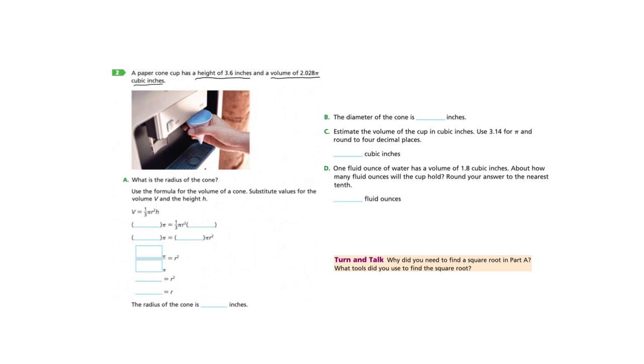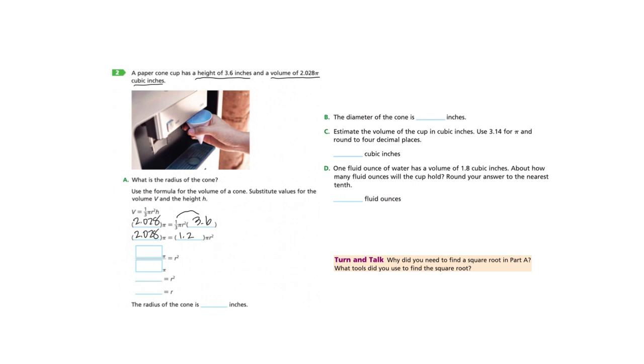And so we're looking for r. So the volume is 2.028 pi, and the height is 3.6. So then we have 2.028 pi equals one third times 3.6, and if we multiply the one third times the 3.6, we get 1.2 times pi times the radius squared.